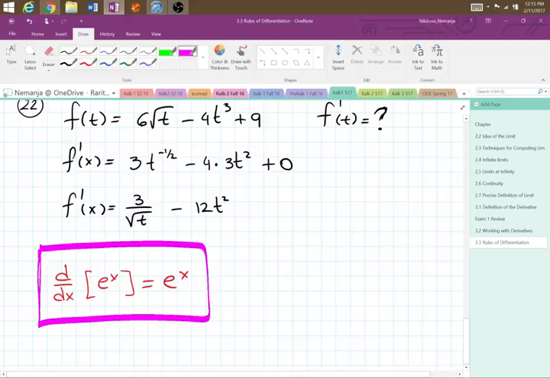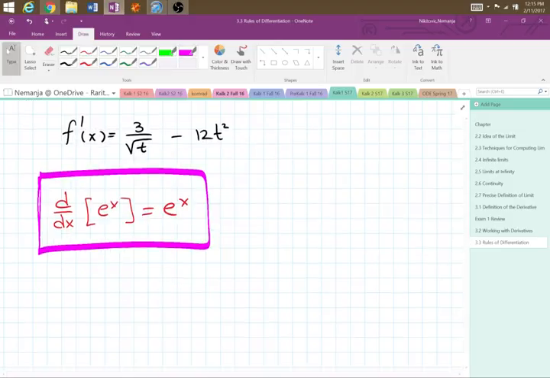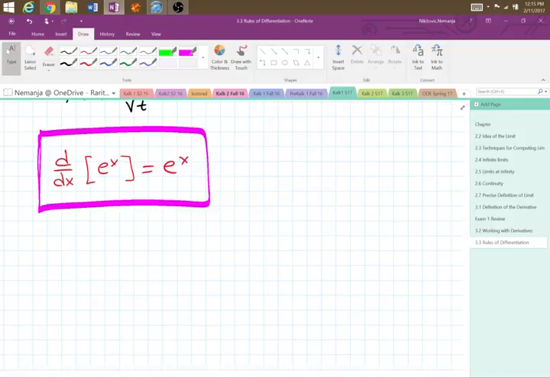So, derivative of e to the x is e to the x. Awesome. Is there more to it? Sure. Later on, there's going to be much more on it, but for now, that's it. Now let's talk notation.